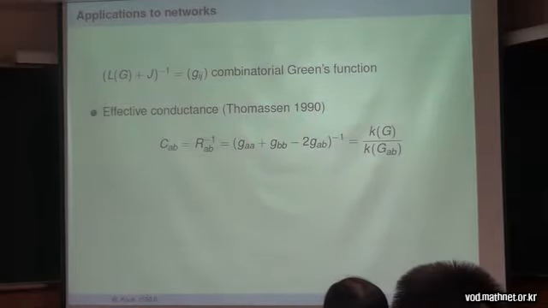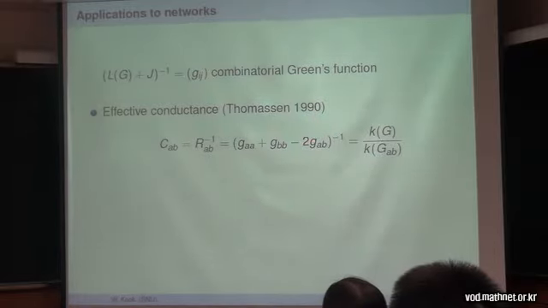It turns out that nobody used this expression before, so this combinatorial Green's function specifically refers to this matrix. In 1990, Professor Carsten Thomassen, who also visited here in 2010, showed that the effective conductance or the effective resistance can be computed using the entries in this combinatorial Green's function in this fashion.